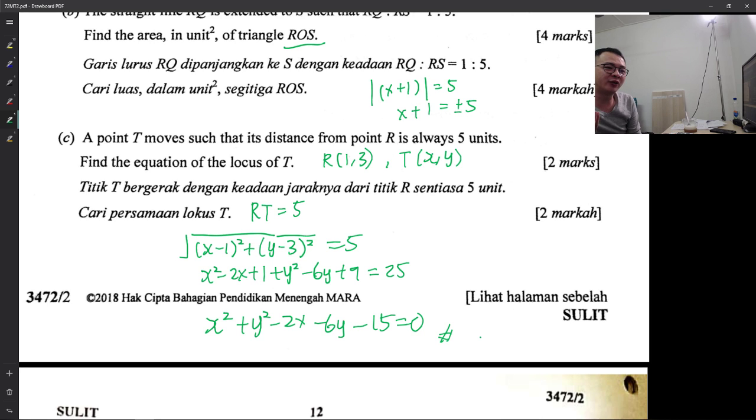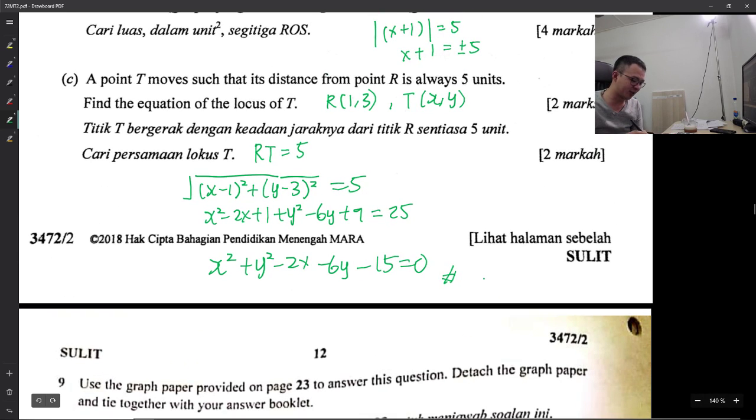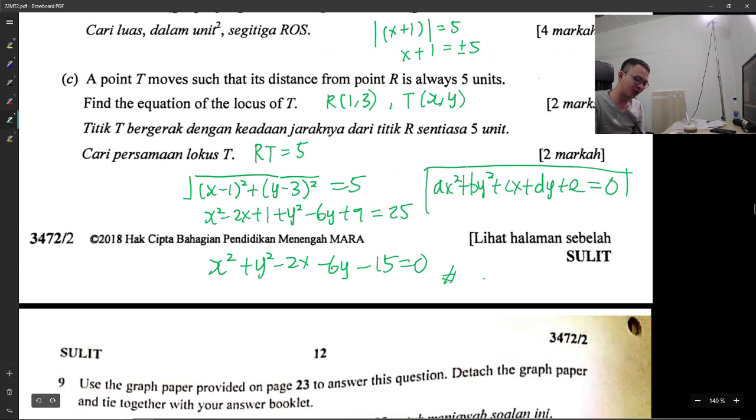Teacher has another way to form the equation of locus. Normally, you want to form the equation of locus, right? We need to use the distance formula because the general equation of locus is ax squared plus by squared plus cx plus dy plus e equals 0. This is the general equation of locus, and this equation comes from distance.